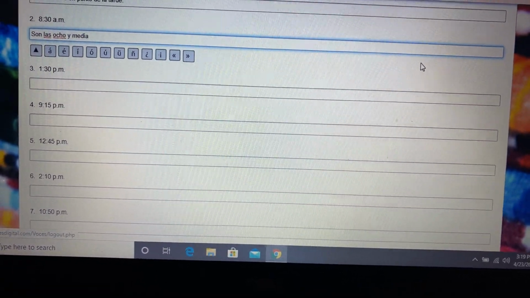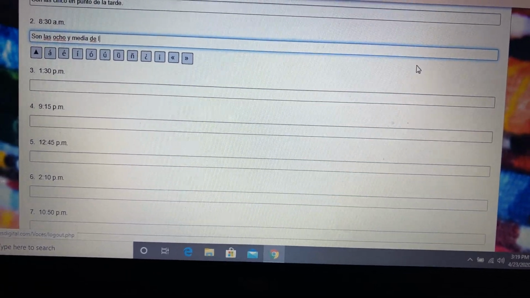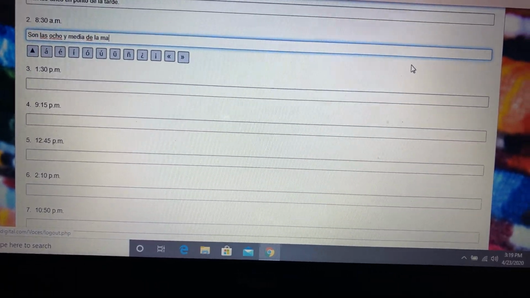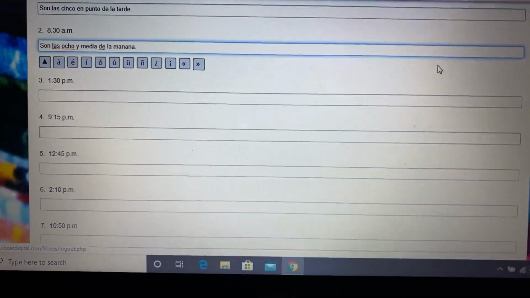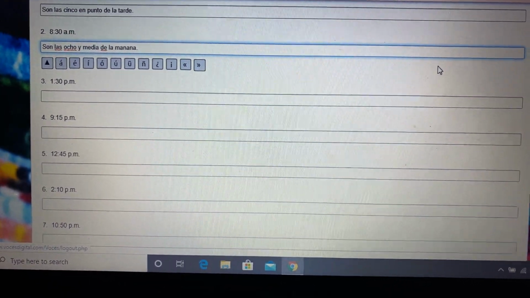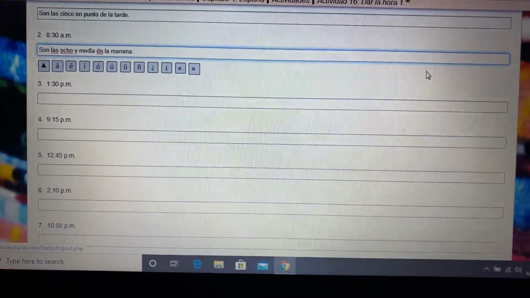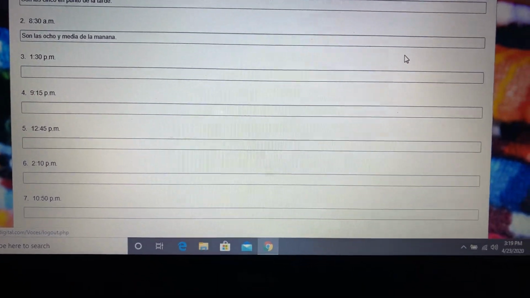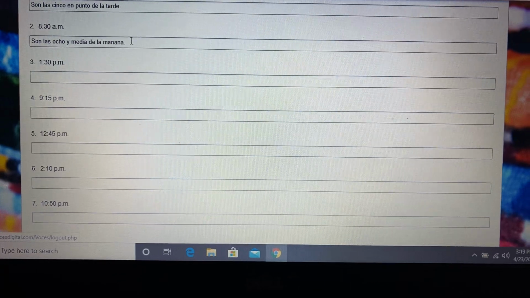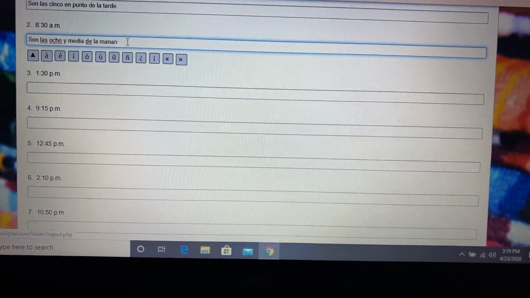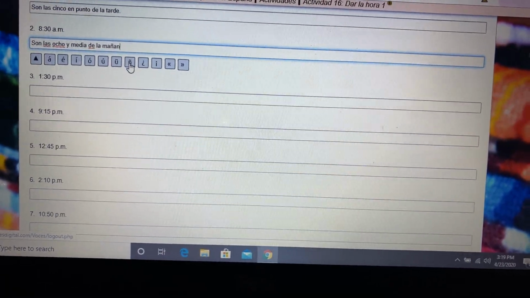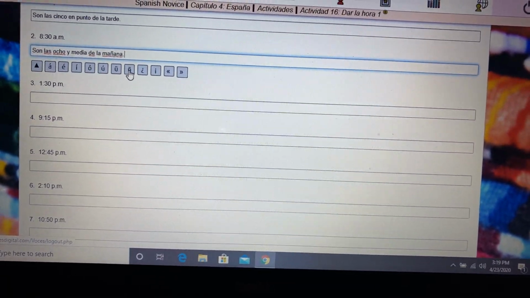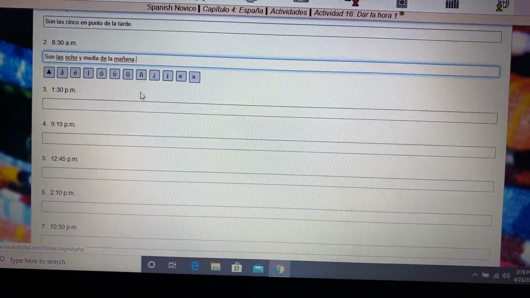AM is the morning, so that would be de la mañana. Now, when I submit this, it's going to show that one wrong because I don't have the little tilde over the n in mañana. Oh, wait, never mind, I do know how to do that, so let me fix that. There we go. De la mañana, okay? So there's number 2.